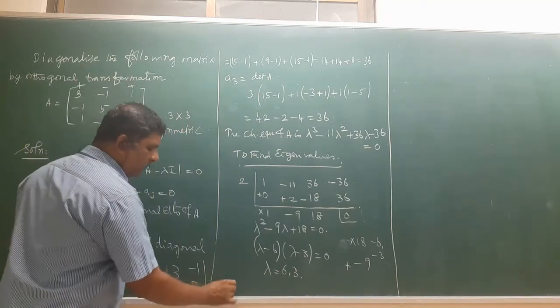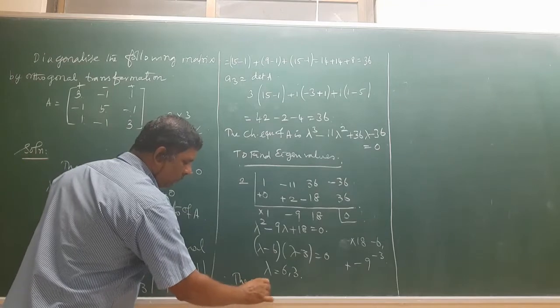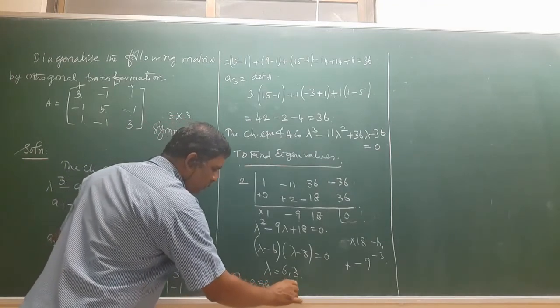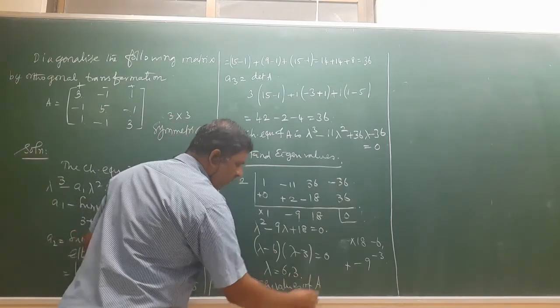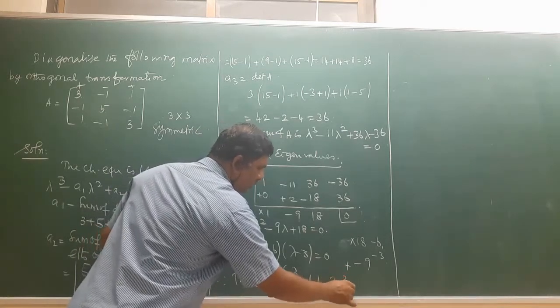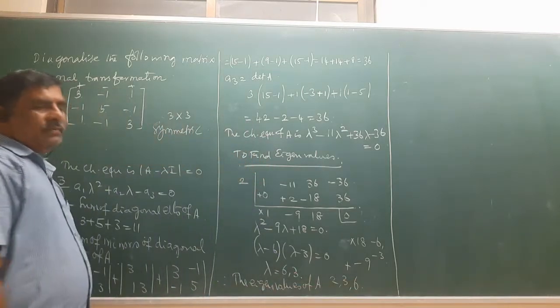Therefore, the eigenvalues of A are 2, 3, 6.